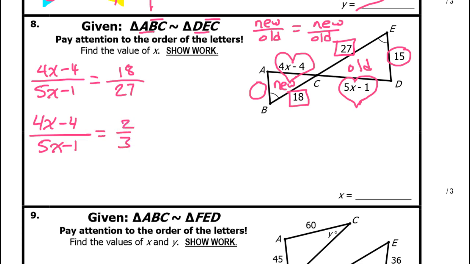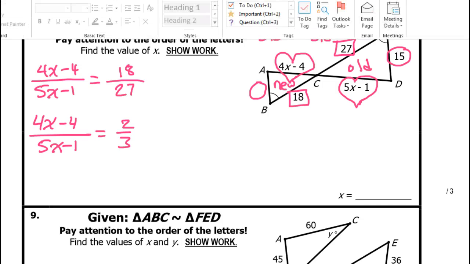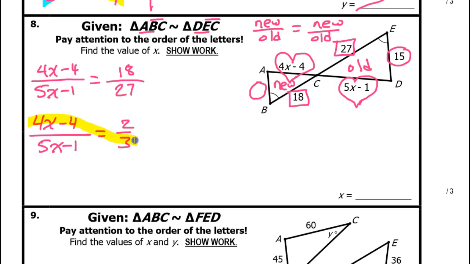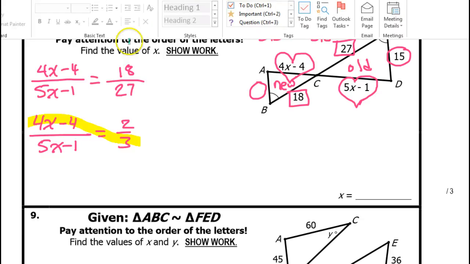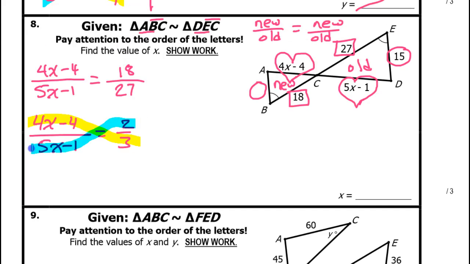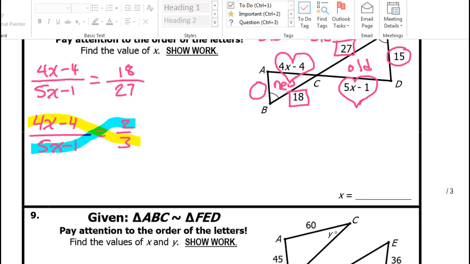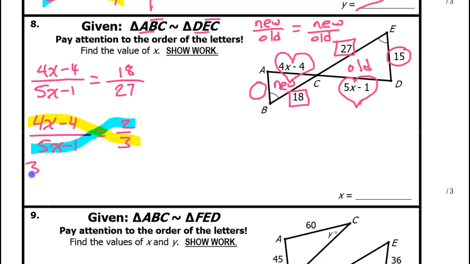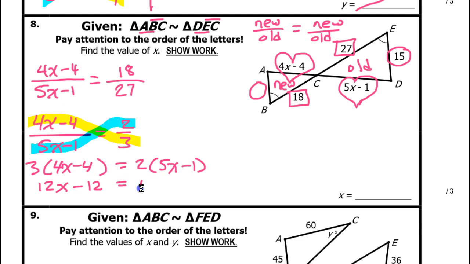And now we will cross multiply. So we'll do this diagonal and set it equal to the other diagonal. All right, so that's going to be 3 times 4x minus 4 equals 2 times 5x minus 1. So that will give me 12x minus 12 is equal to 10x minus 2.